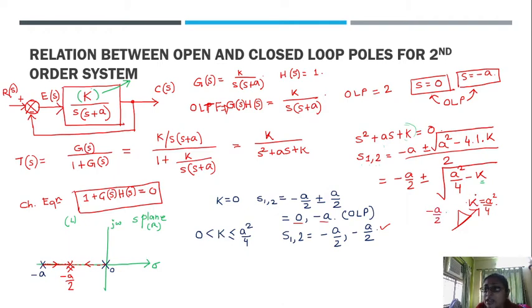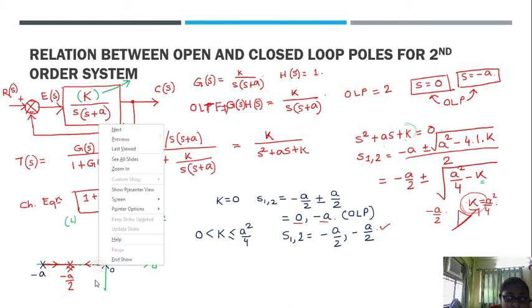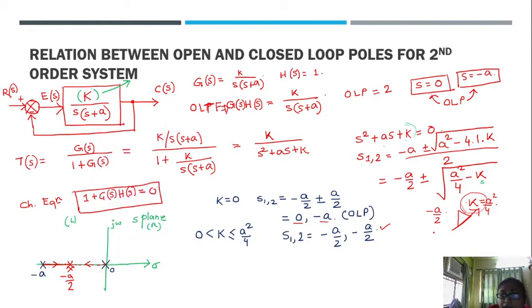That means the contribution of k is changing the pole positions. How are the pole positions changing? When I start from 0, suppose this pole comes here, and the pole at 0 comes here. Now suppose I change the value to an intermediate value between 0 and a square by 4.